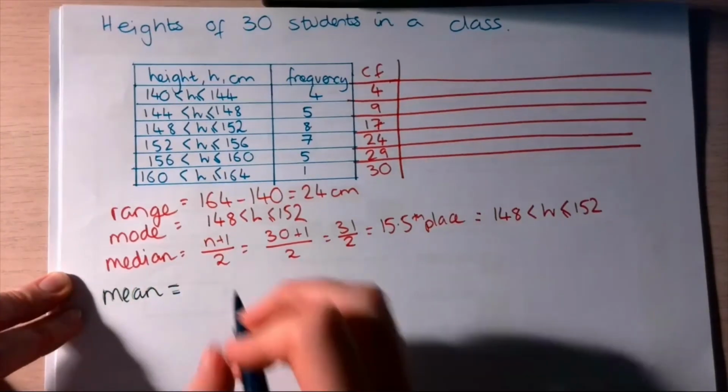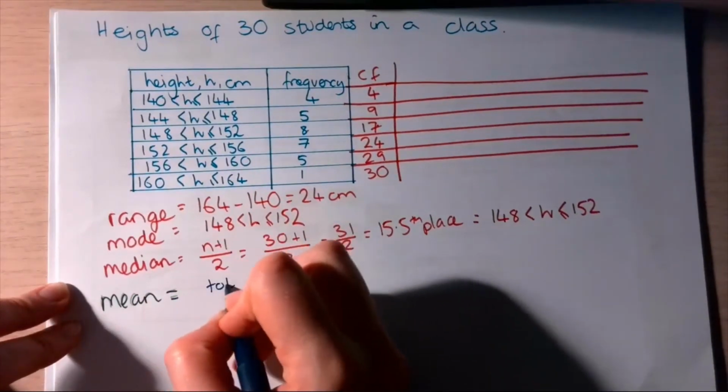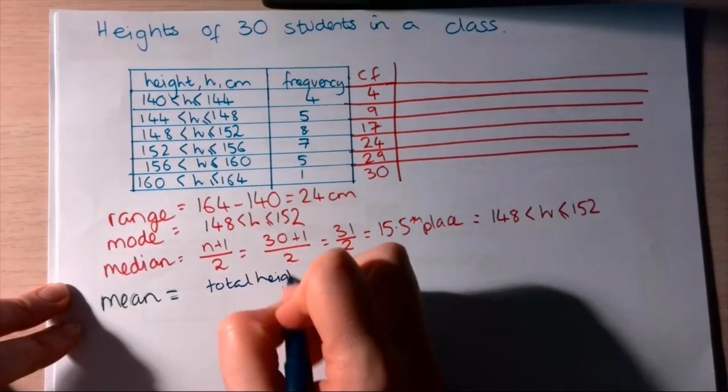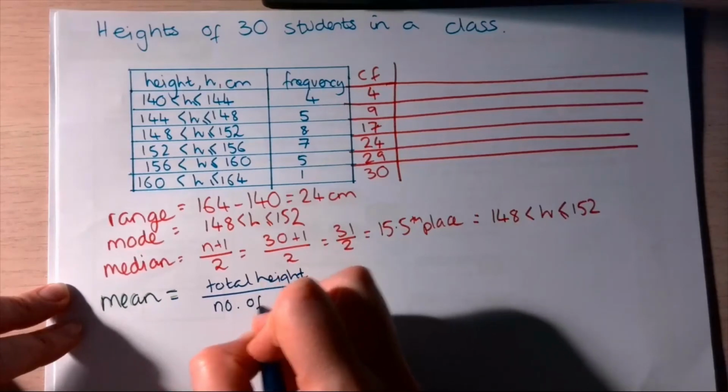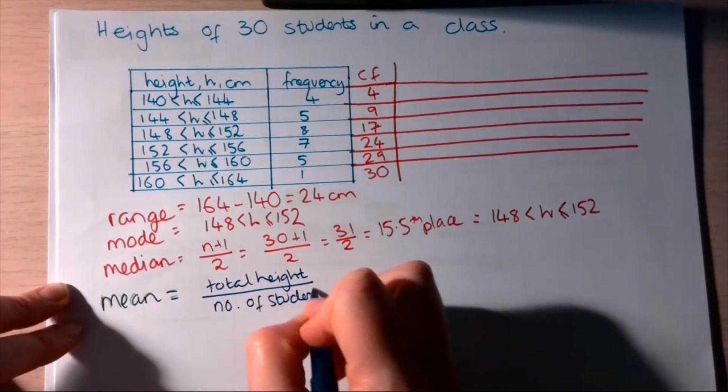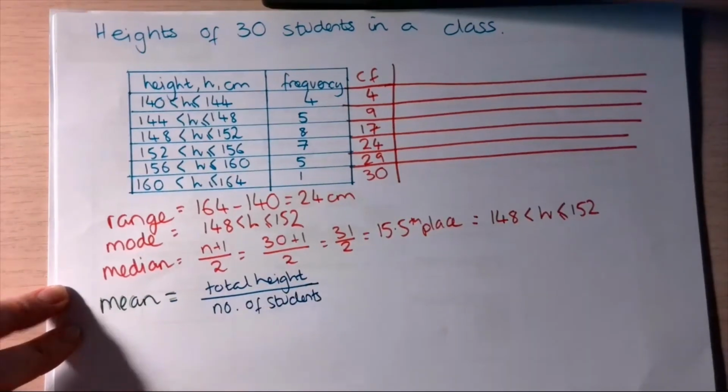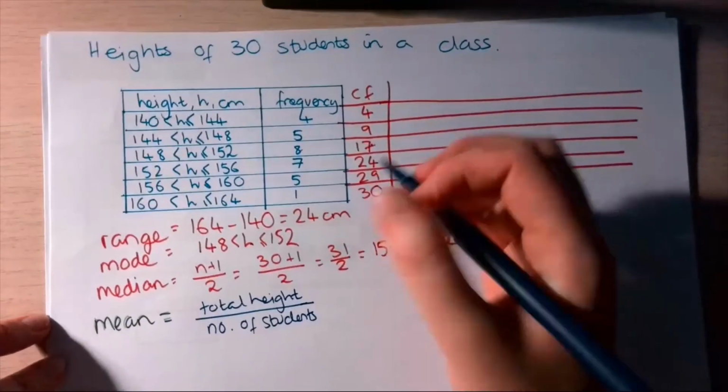The mean. So here we've got total height in this situation. That's all the heights added together, divided by number of students. Okay, so to get our total height, again, we're going to be looking at that midpoint.